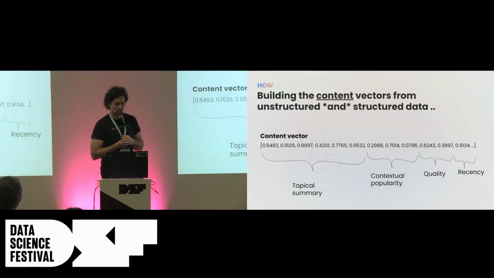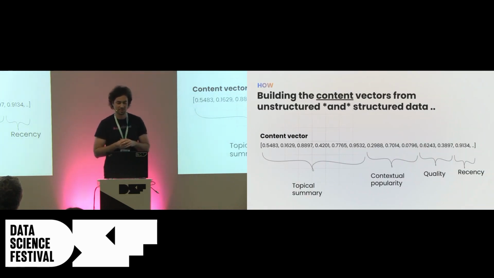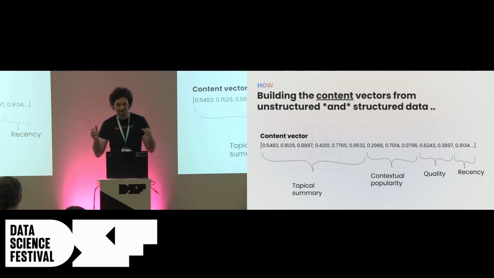Cool. So let's zoom in a little bit more into how we create these vectors. Basically, first let's start on the content side, right? The components here are not new.